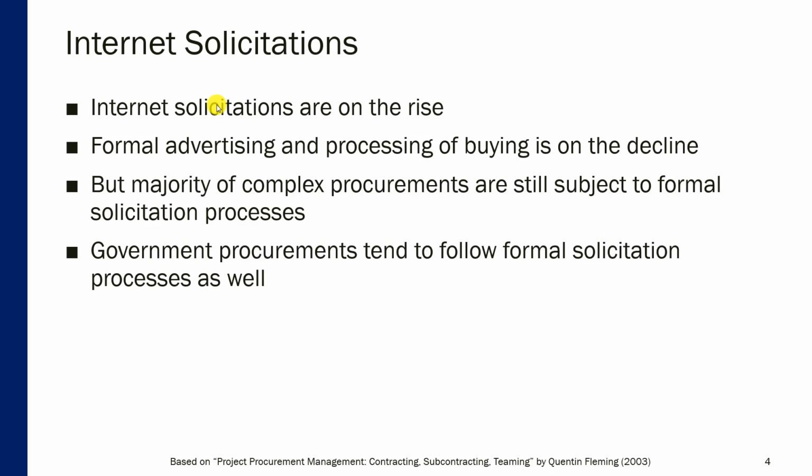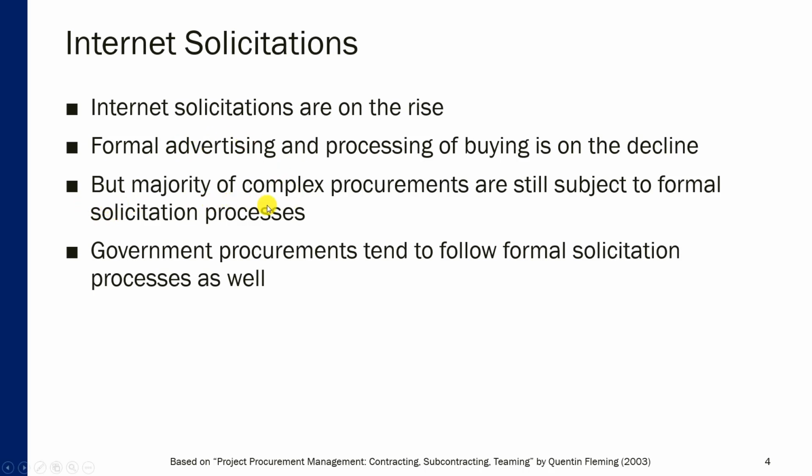All those things can be accomplished with much less time and cost than the formal solicitation process seems to offer. So the internet is quickly making some of the benefits of the formal solicitation process a bit more questionable and, I guess, outdated.